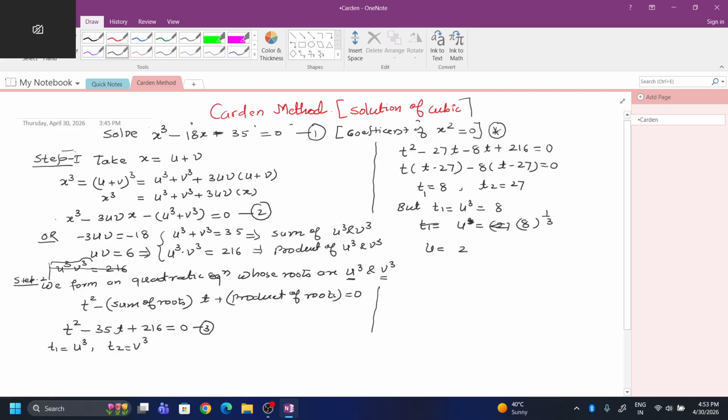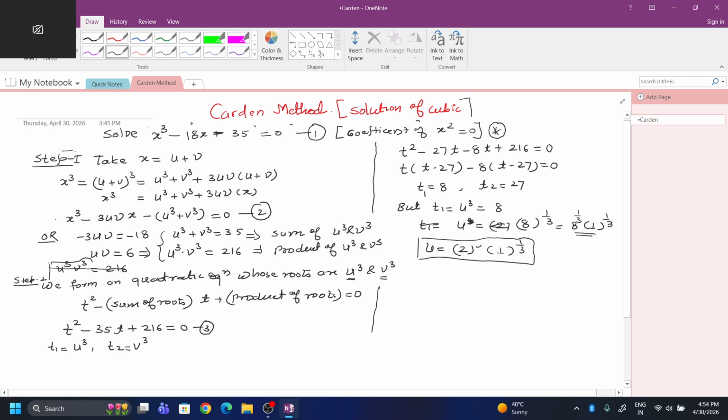So u becomes 2 to the power 1, but here the 1 is silent. That is, you can write this as 8 into 1 to the power 1 by 3. This is very important. So 8 to the power 1 by 3 becomes 2 times 1 to the power 1 by 3.